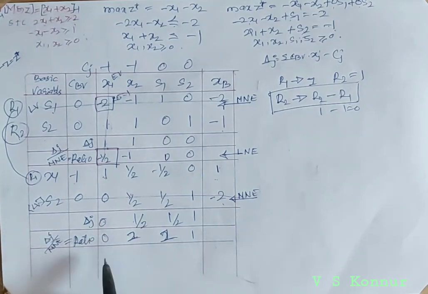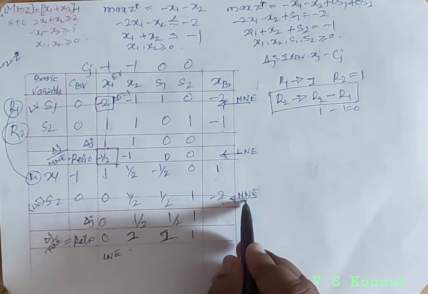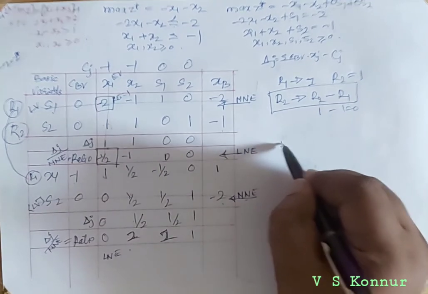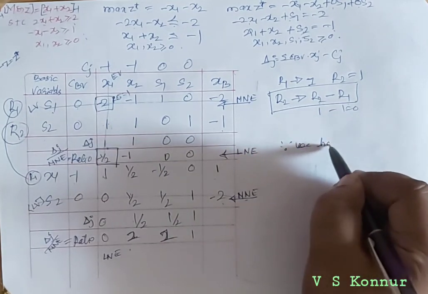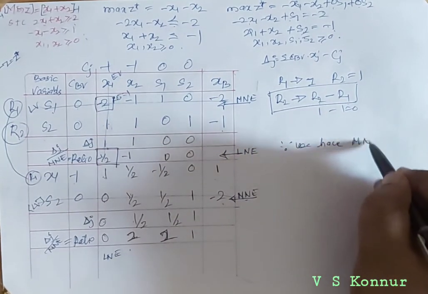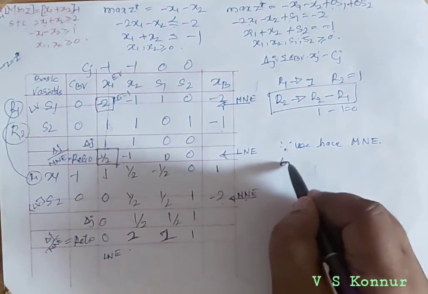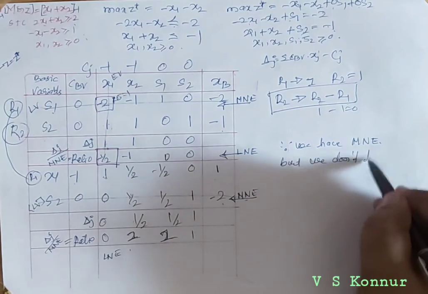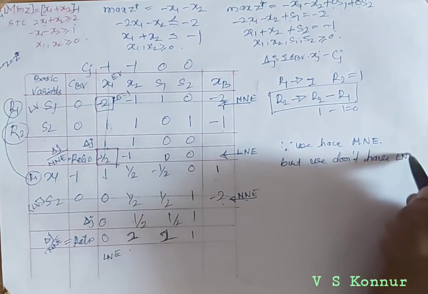Now from the ratio we should select the least negative element. We have a most negative element, but we don't have a least negative element.